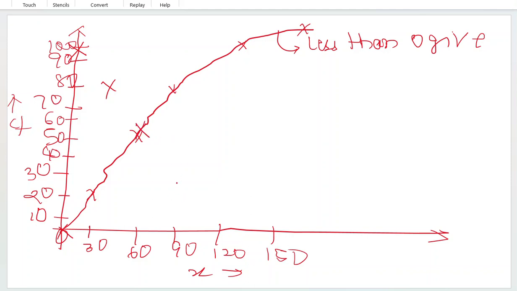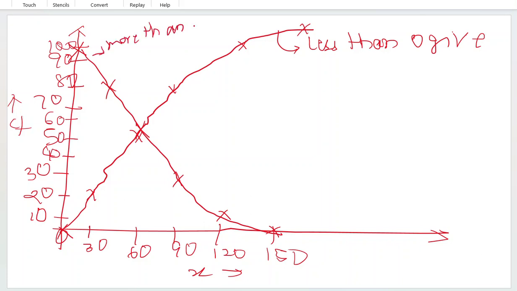For 90 it is 25. For 120 it is 5. And for 150 it is 0. So when we plot this, we get the graph as follows. Now this is your more than ogive.